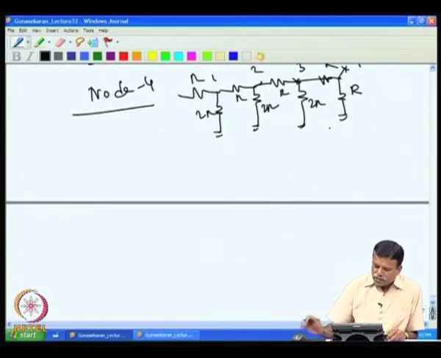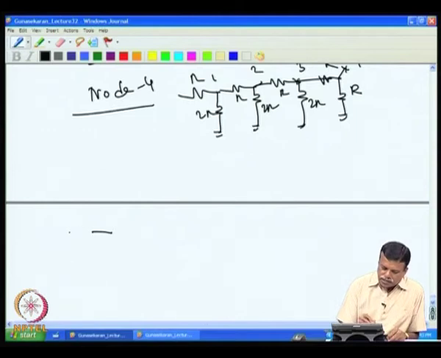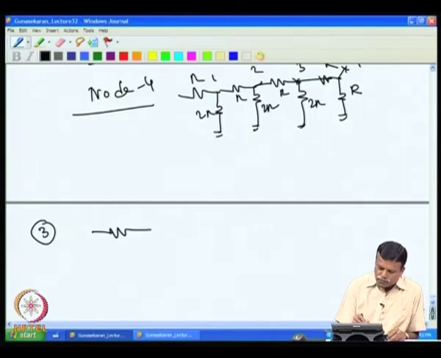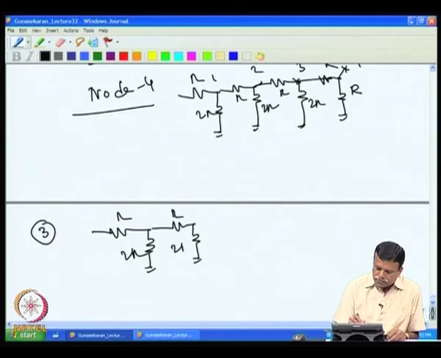Now, if I simplify this, you can have next, simplify up to node 3. So, this up to node 4. So, I have simplified up to node 3 now. You have R here, 2R. Then I can make this R, 2R.